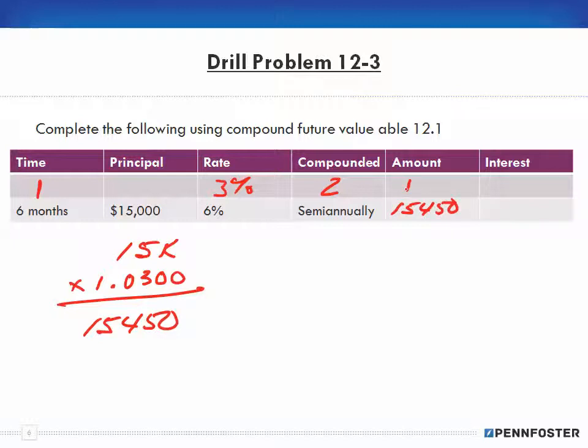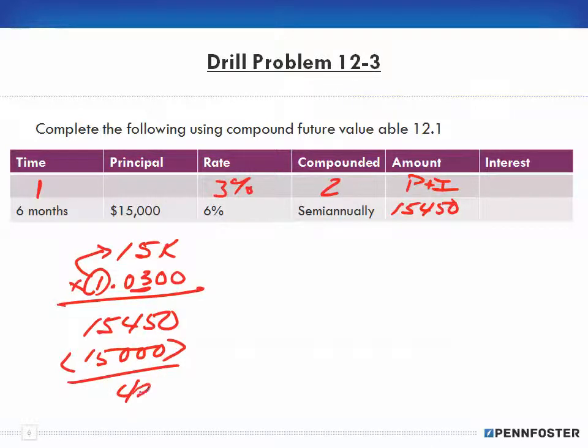Now remember, the total amount is the principal plus the interest, because 1 is the 15,000 and the 3% is the additional interest. In order to find the interest, we take the principal amount and subtract it from that total amount, and we're left with $450 of interest.